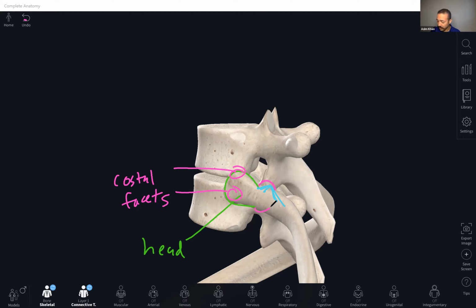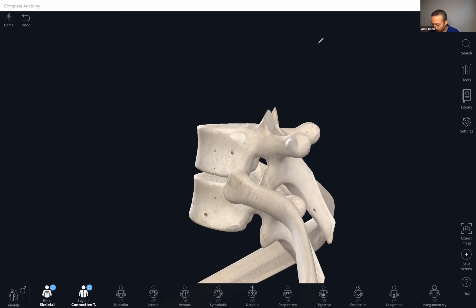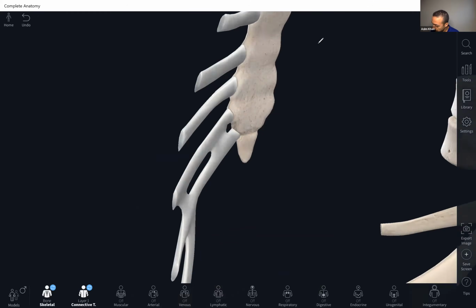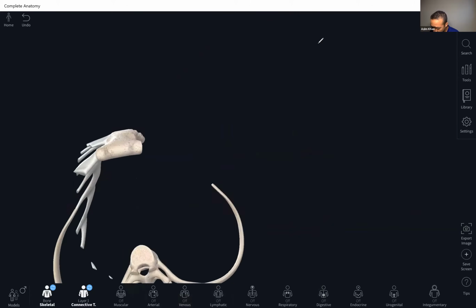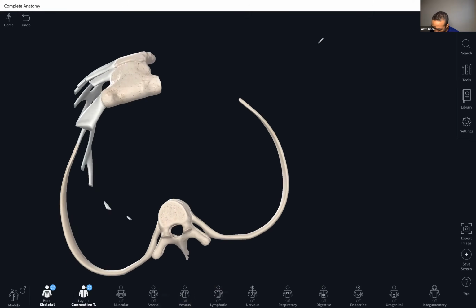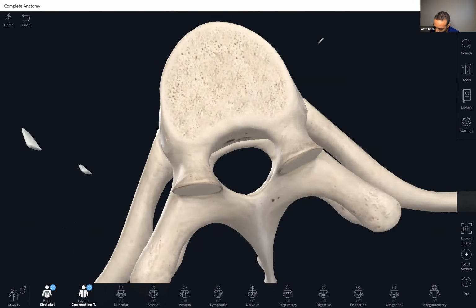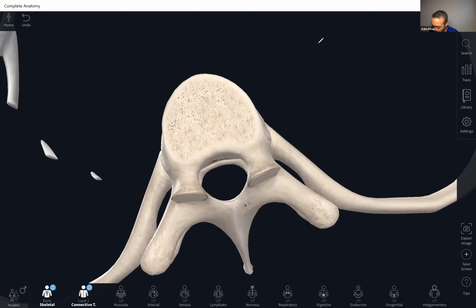So I'm going to clear this. Let's look at a different angle, a superior view.